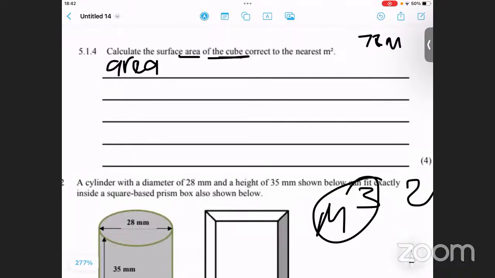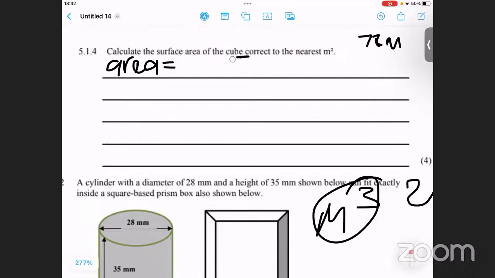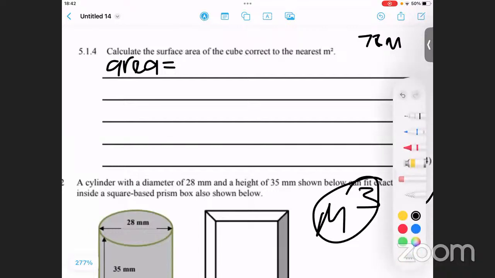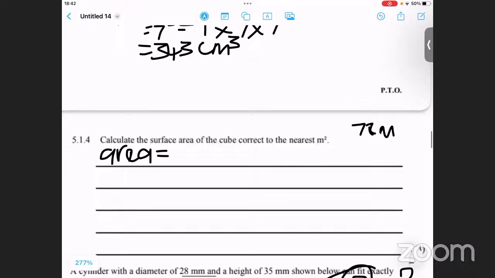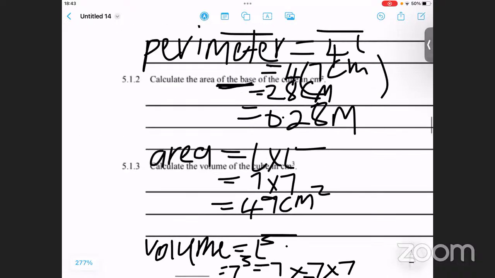Where is the 6 coming from? The number of faces. So we calculated the area of one face, which is the base of the cube, which was what?